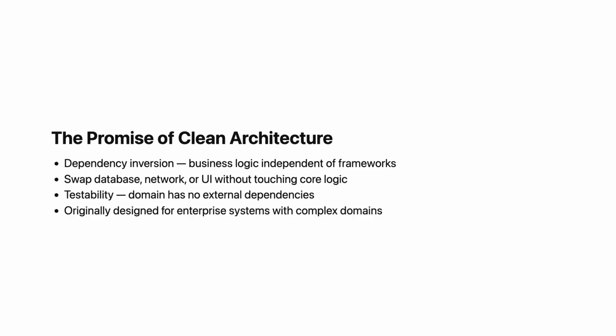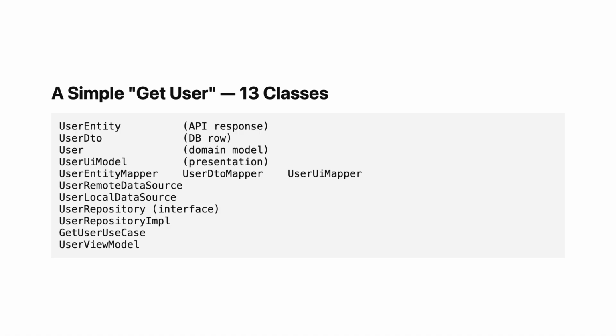A user entity in your data layer representing the API response. A user detail also in your data layer for the database row. A user domain model in your domain layer. A user UI model in your presentation layer.